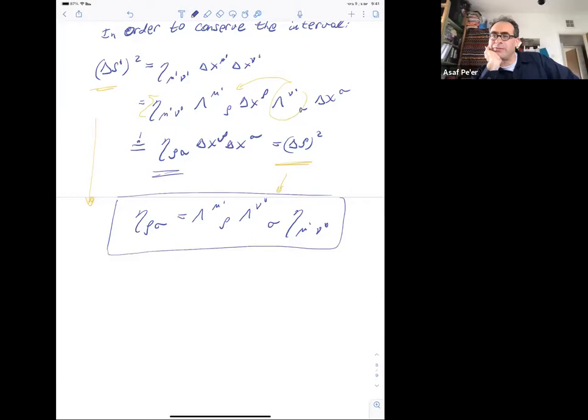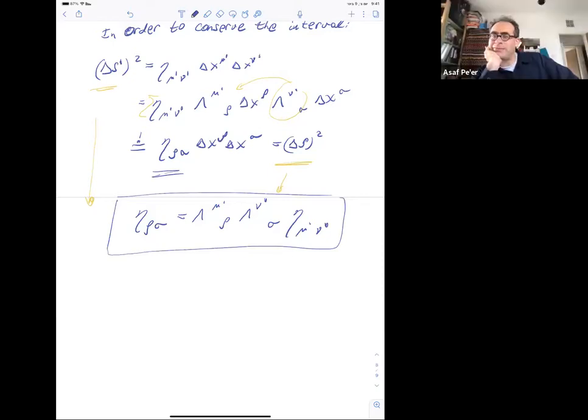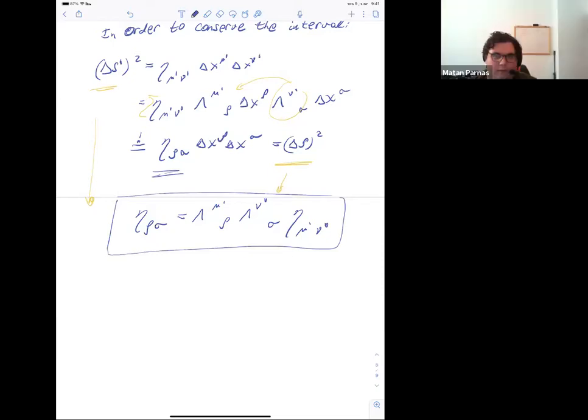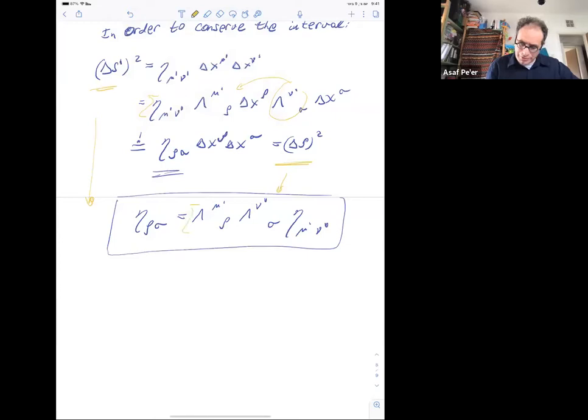How many terms on the right-hand side of each equation? Also 16, because each of the indexes goes from 0 to 3, and there is a summation over mu prime and nu prime.